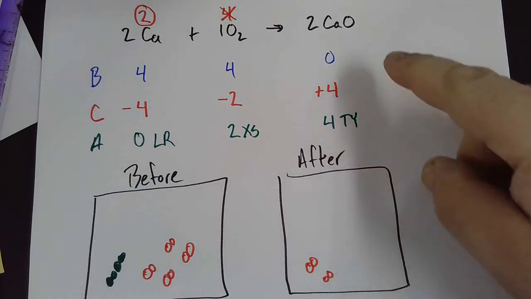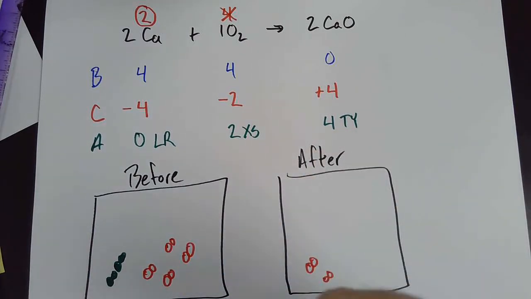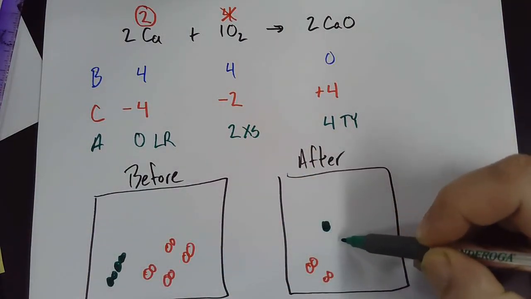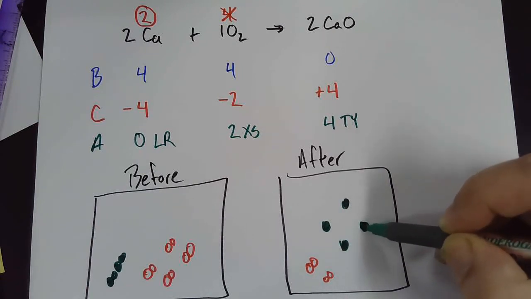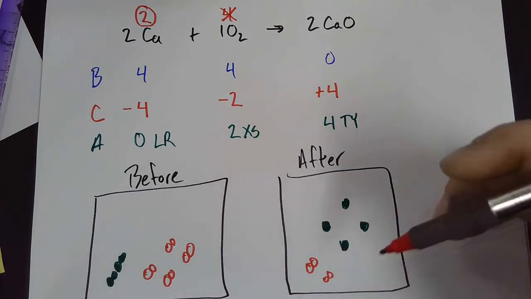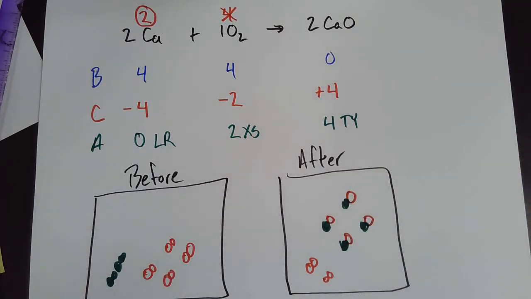How many products am I going to draw? 4. So we draw 4 molecules of calcium oxide.